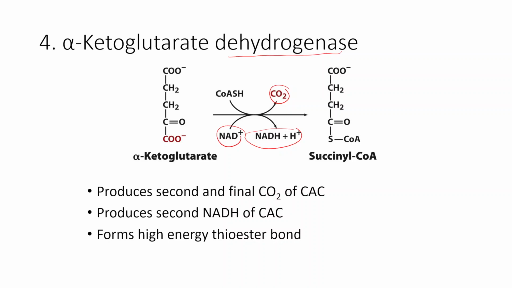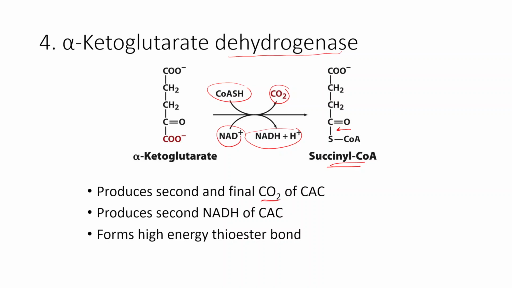Something interesting that happens here as well is that there is another coenzyme A that now comes in, a reduced coenzyme A, that's going to form a bond with the substrate, ultimately making the product succinyl-CoA. And so once again, because we have this bond formed with CoA, we have now this high energy thioester bond, which when we break it in a later step is going to have a large negative delta G. So the carbon dioxide that we produced is our final carbon dioxide.